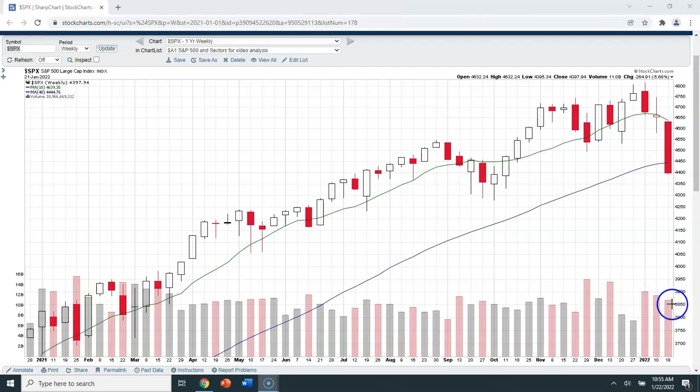So the fact that the volume is tapering off as the market comes down, that's something to at least embrace and be appreciative of, and maybe that tells us that this situation won't be a worst case scenario. But we're down below the 40-week moving average for the first time in quite a while.